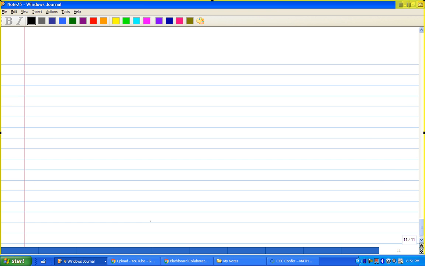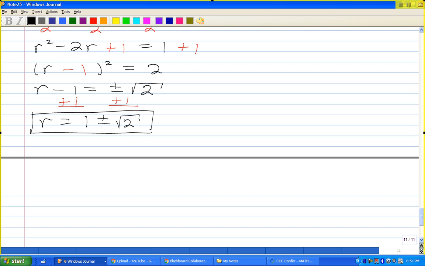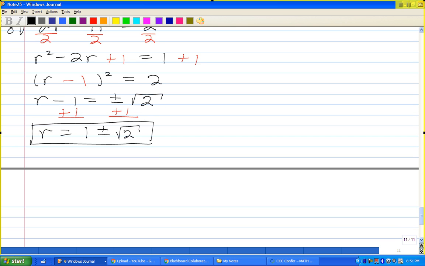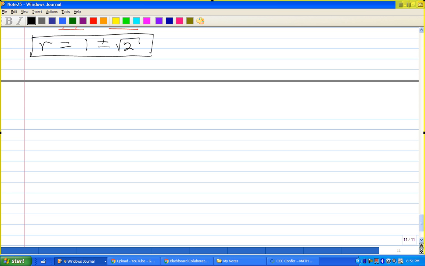Let me do problem number 91. X squared is equal to 2x plus 4. So I want all x's on the left-hand side of my equation.